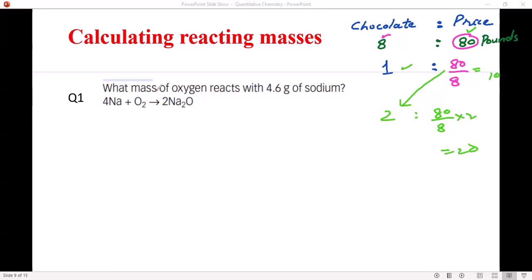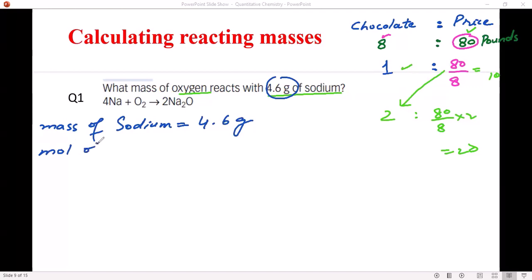The problem is: what mass of oxygen reacts with 4.6 gram of sodium? The balanced chemical equation is given here. To make it simple, first convert what they have given you into moles. They have given me the mass of sodium, which is 4.6 gram. Convert this into moles. To find moles of sodium, we need to divide mass by the AR of sodium.